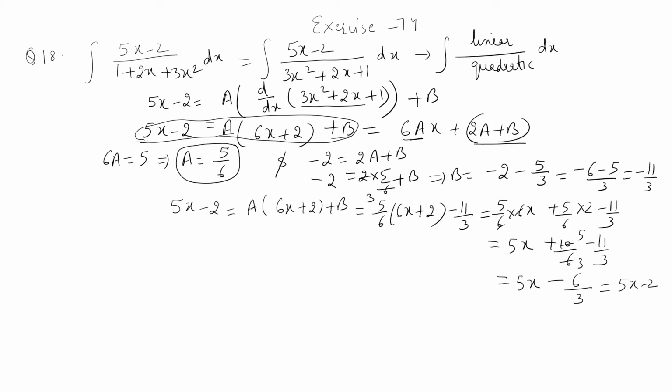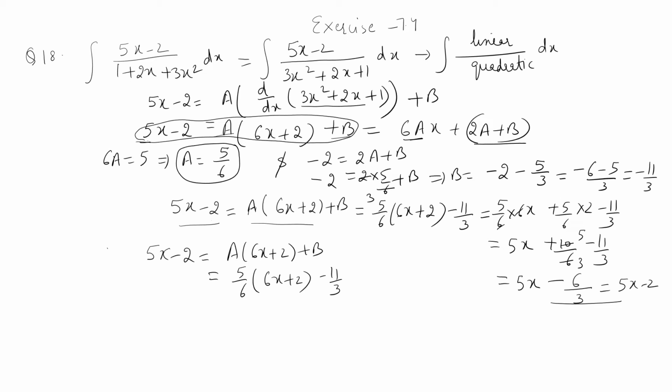With a little practice this calculation can be carried out in your mind only, and you can confirm that both sides match, meaning the values you got are correct. So I have come to know that 5x minus 2 in the numerator is to be written as a times 6x plus 2 plus b, that is, 5 by 6 times 6x plus 2 minus 11 by 3, and that makes 5x minus 2 itself.